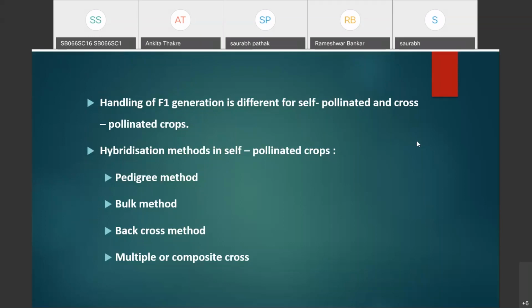There are four methods: the pedigree method, the bulk method, the backcross method, and the multiple or composite cross, of which we have discussed pedigree and bulk in detail in the last lecture. In today's lecture we are going to discuss the remaining two methods, the backcross method and the multiple or composite cross.